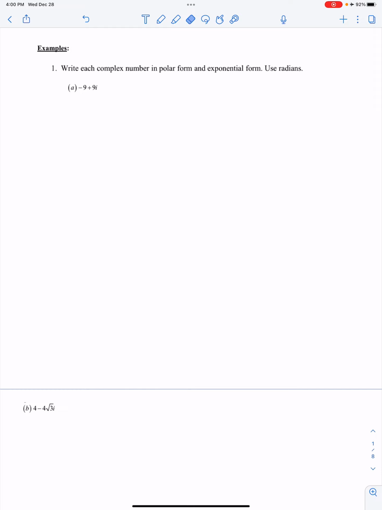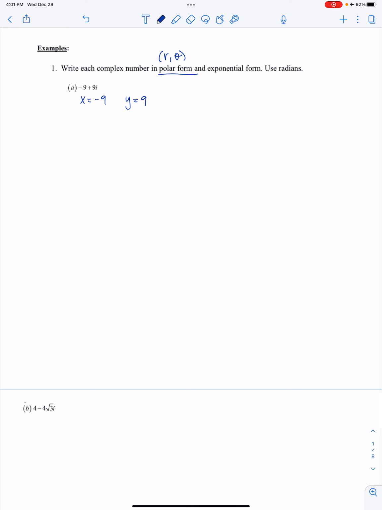-9 plus 9i. Well, this tells us that x is -9, y is 9. Our form here, x plus yi. The first thing we're going to do, because if we want it in polar form it is r, theta.